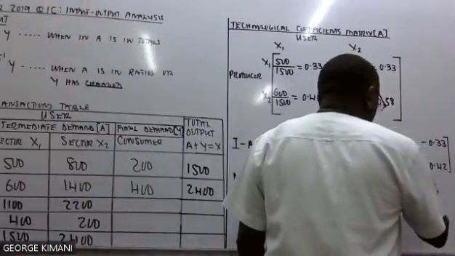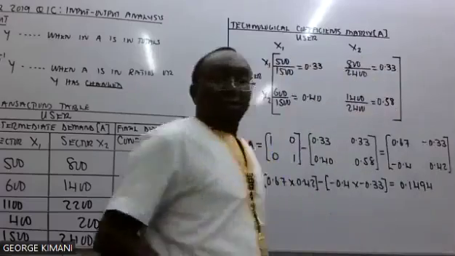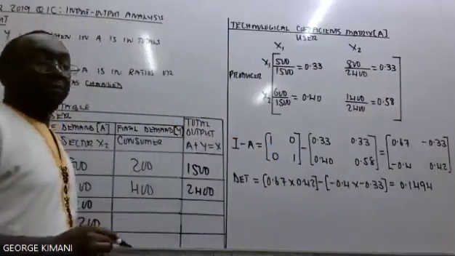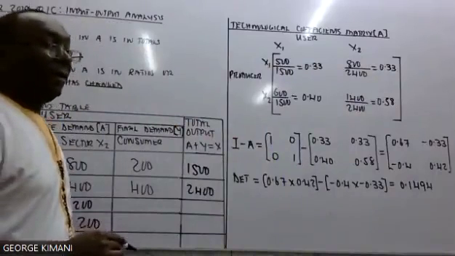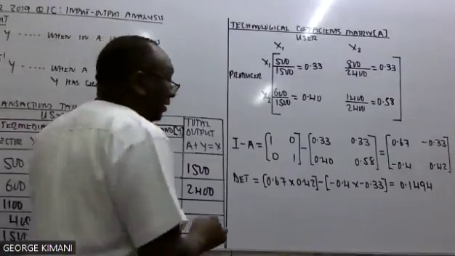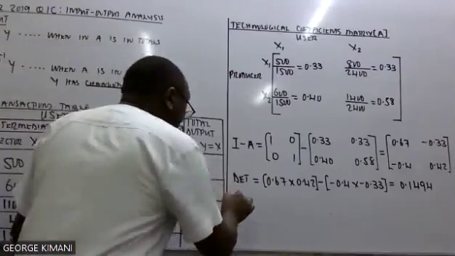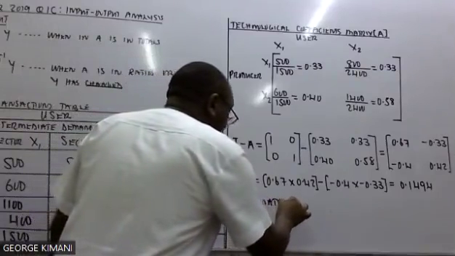0.1494. That does not mess you. The next thing that we do is to get what we call the new matrix.